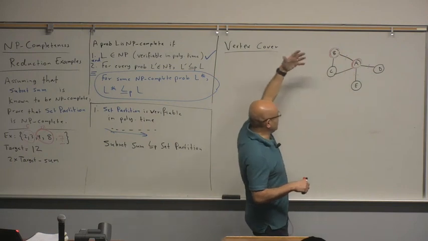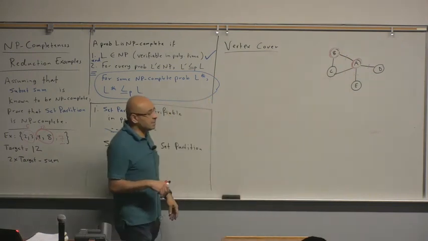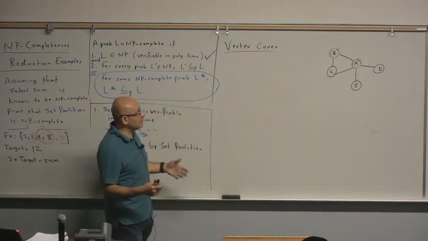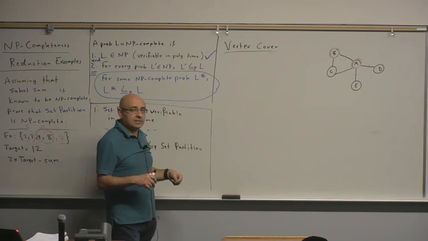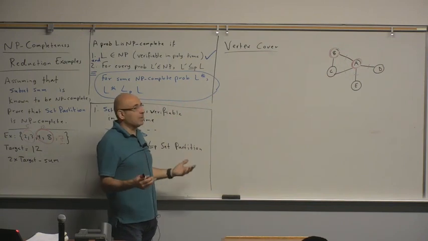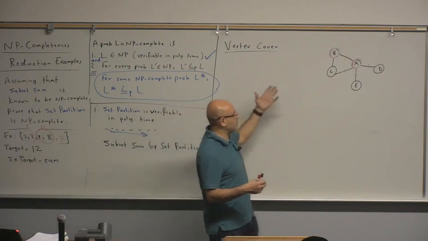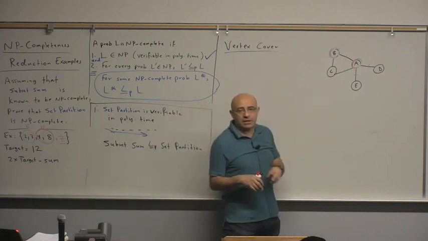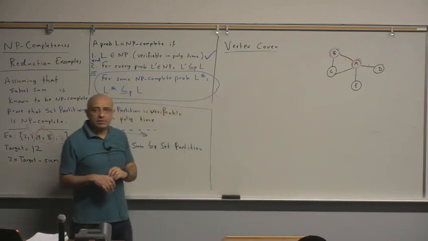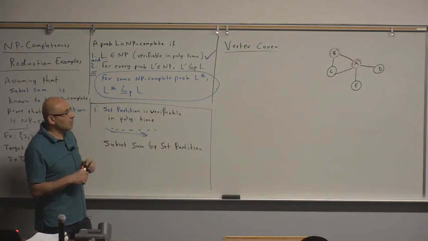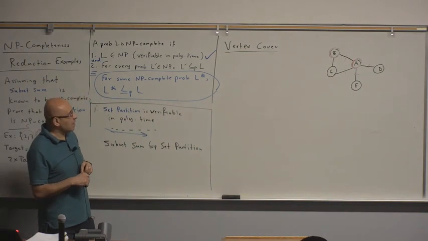So vertices that have more edges incident to them will cover more edges. So now what's the minimum number of ads that you need to post such that all roads are covered? Okay, so this is one possible application of this problem.